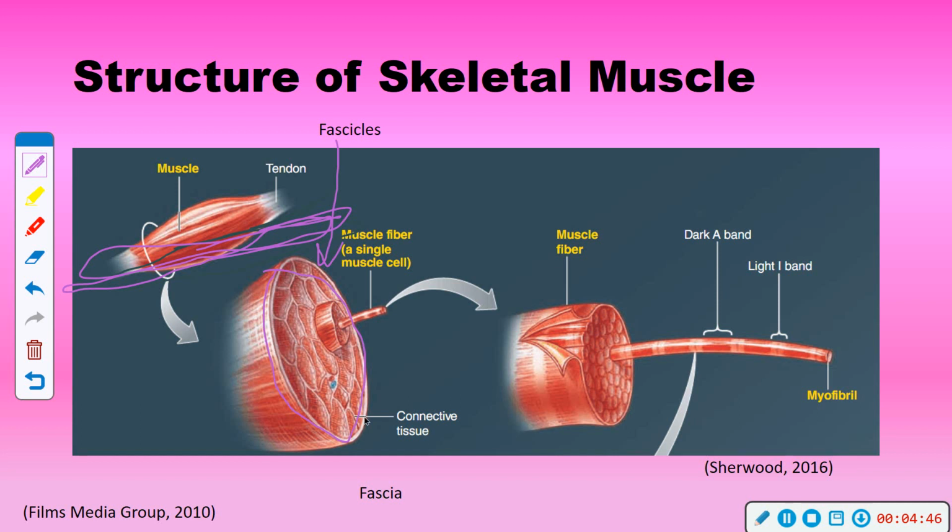And throughout and around, you see these white little areas right in here. That is the fascia. The fascia is a connective tissue. It intertwines throughout and over all of our muscles. So it helps connect individual parts.